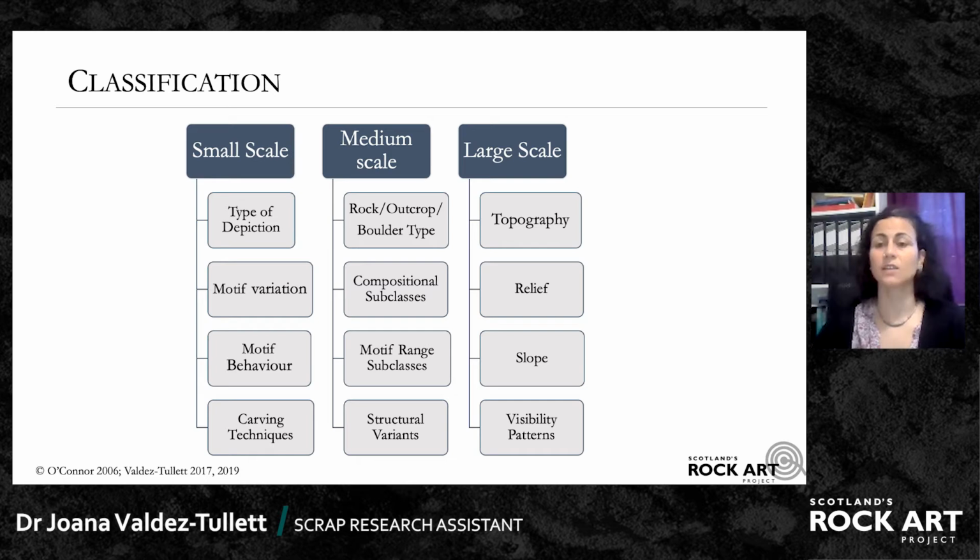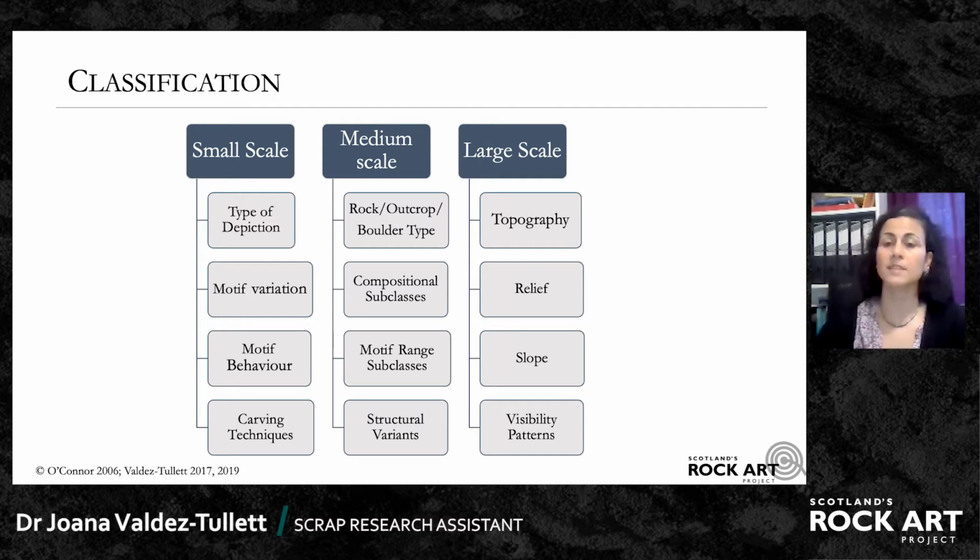And finally, at a large scale, we will be looking at patterns of landscape settings, the relationships between the rock art and watercourses, viewsheds, spatial relationships with other contemporary monuments, building on this perspective of landscape archaeology that was introduced in the 1990s by Professor Bradley.